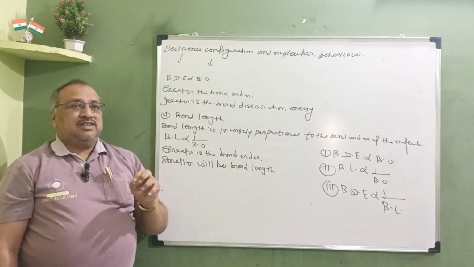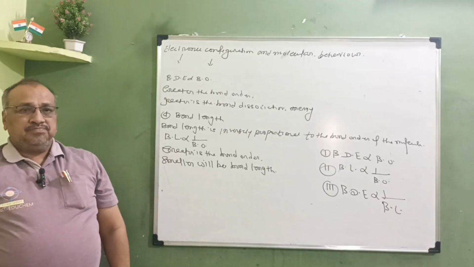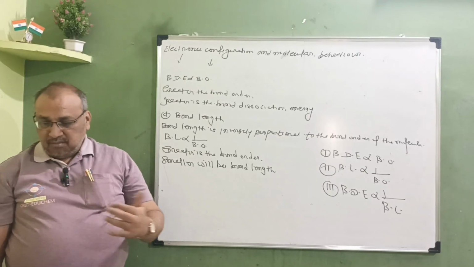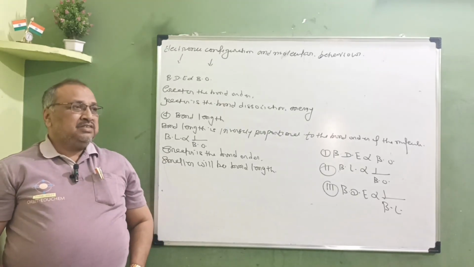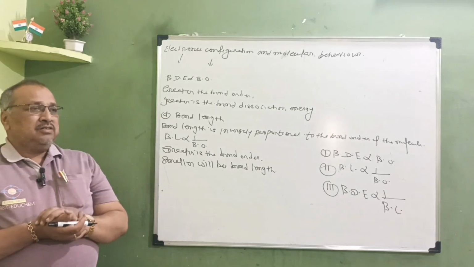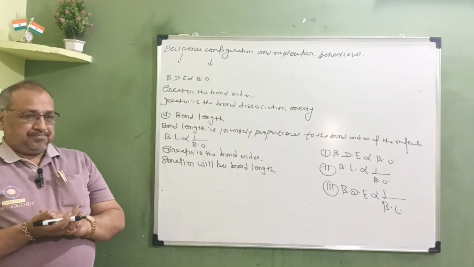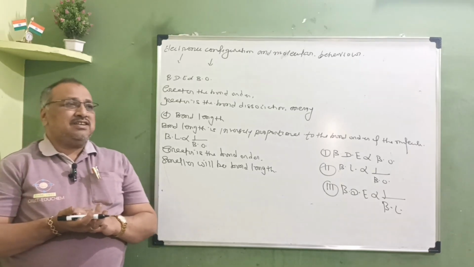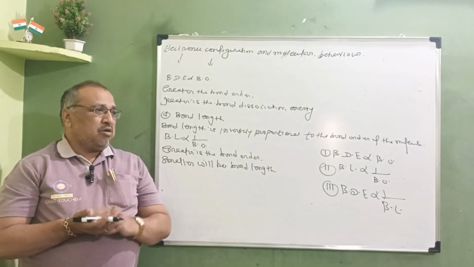Number one is stability of the molecule. Number two is number of covalent bonds between the atoms in the molecule. Number three, bond dissociation energy. And number four, bond length.